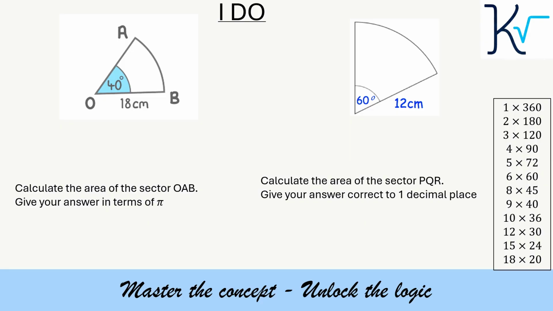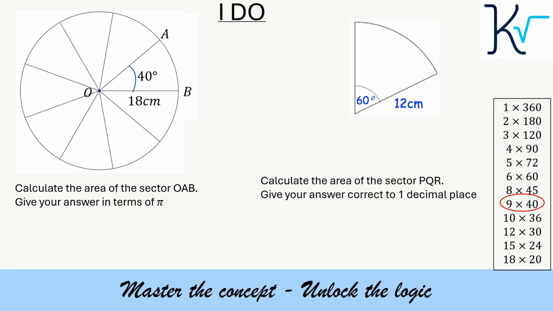And we can see that 40 goes exactly 9 times into 360. In other words, we would make up the whole circle with exactly 9 of these sectors. The strategy, therefore, is to calculate the area of the whole circle and then simply divide by 9.